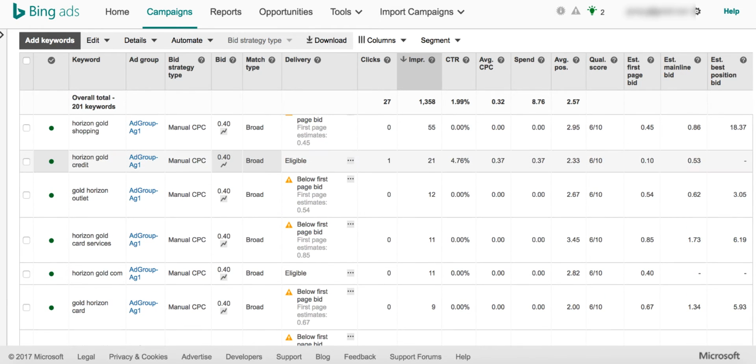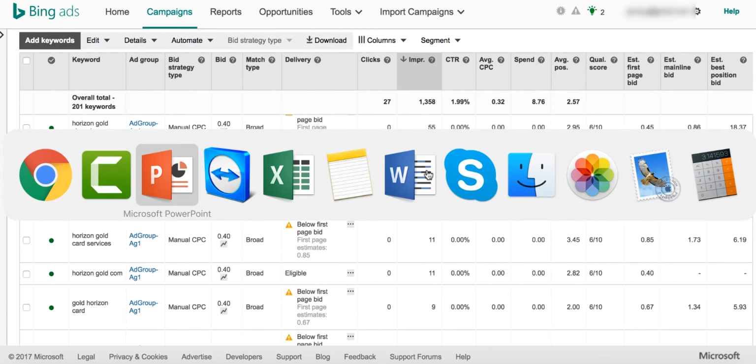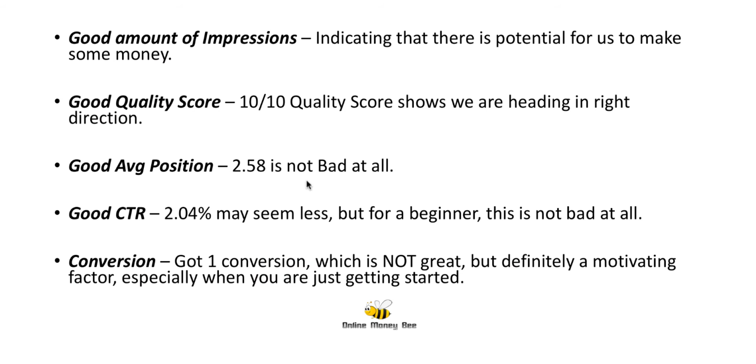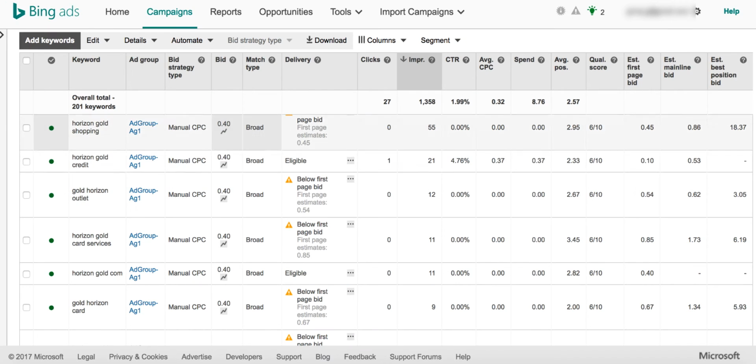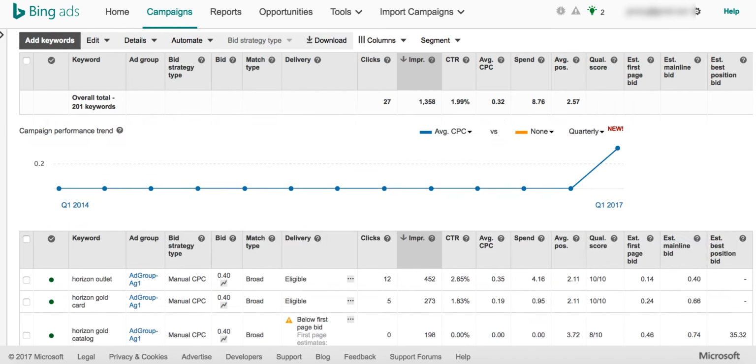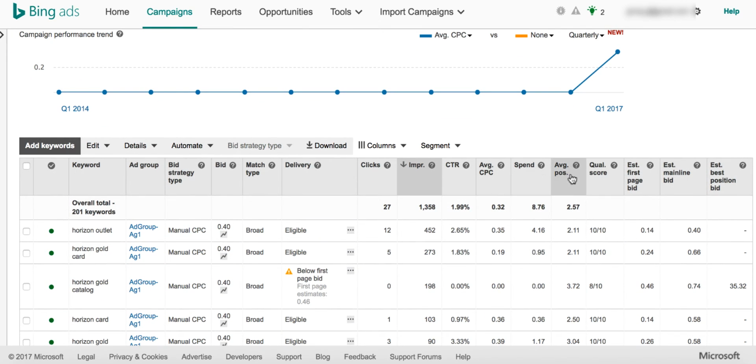The other thing that we need to concentrate on is the average position of the ad. If you see here, the average position is approximately 2.57, which means your ad is being displayed not in the top first position, but maybe in the second or third position, based on the competition and the bid rates the other competitors are quoting.